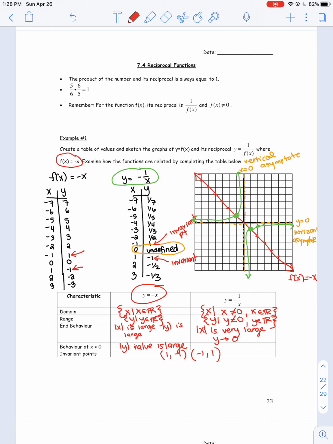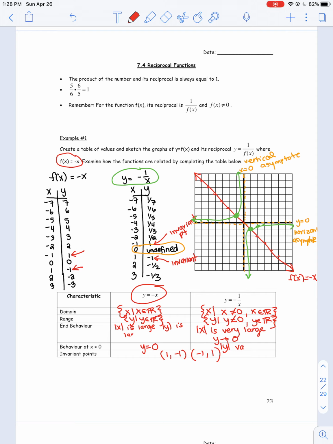And the behavior, oh, I should have had this answer over here. So I'll just do a little correction here. What is the value at 0? I'm just going to correct this one because here we know that when x equals 0, y is equal to 0.